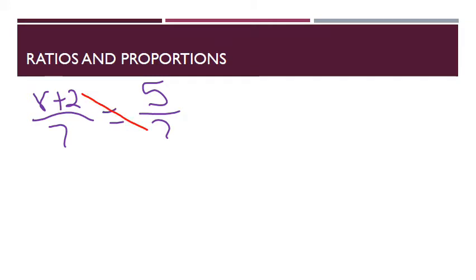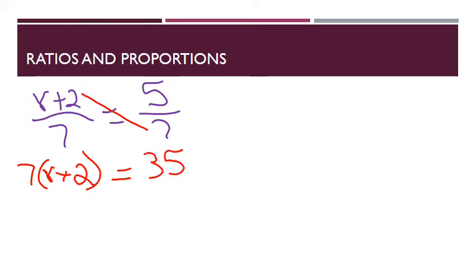First, I'm going to multiply 7 times this whole r plus 2. So I get 7 parentheses r plus 2, because I've got to multiply 7 by both of these terms. And here on the other side, I've got 7 times 5, which equals 35.